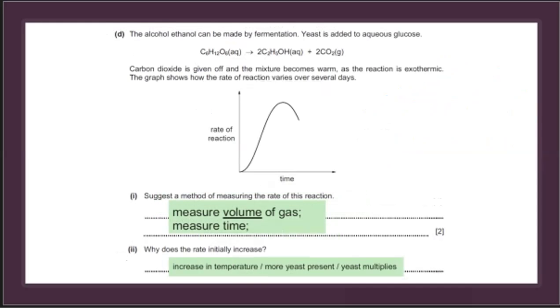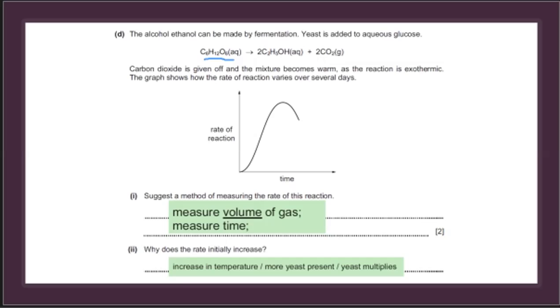All right, next question. The alcohol ethanol can be made by fermentation. Yeast is added to aqueous glucose, and the equation below shows us that process, right?